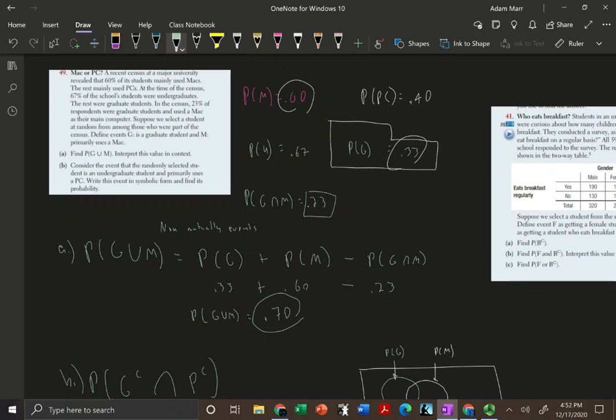Okay, so we're saying over many large random samples of students at this major university, about 70% of them will be a grad student or use a Mac. Okay.